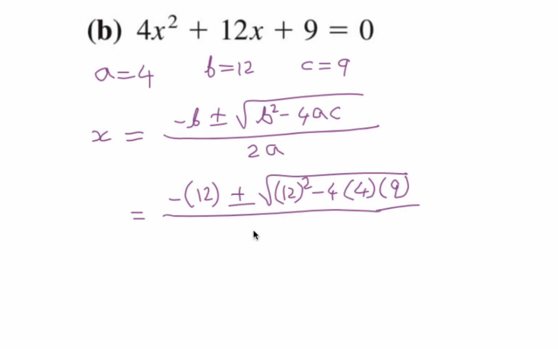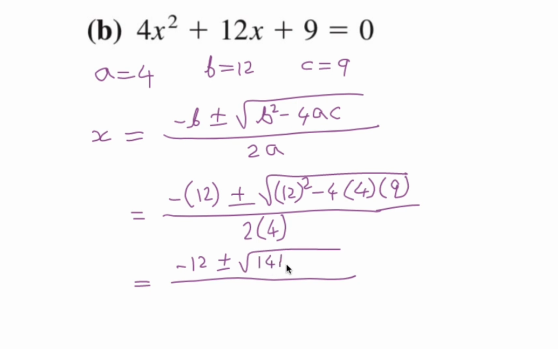Okay, now here 2, a value 4. Minus 12 plus minus 12 square 144 minus 4 times 4 is 16 and 16 times 9 is 144, over 2 times 4 is 8.